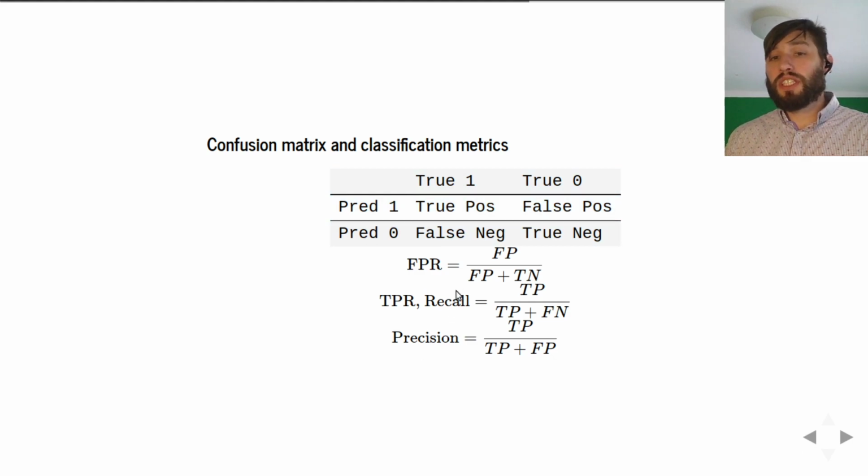So look at precision and recall. True negatives never appear here, right? It's only true positive divided by something, and that something is either the predicted ones or the true ones. That's what the recall and precision are.